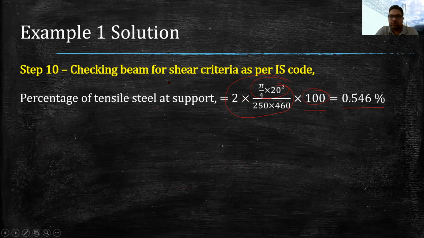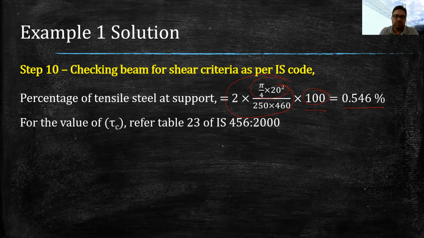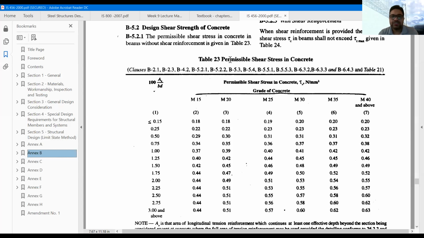From the IS code, we can find the tau c value, referring to table 23. I am again showing you the IS code and will show you the table. There you can see this is table 23 for the value of tau c. The first column shows the percentage of steel.